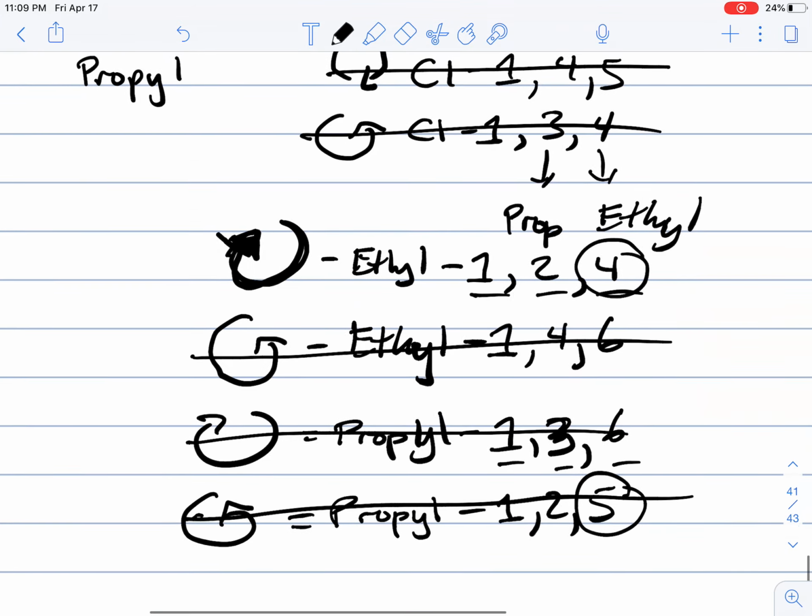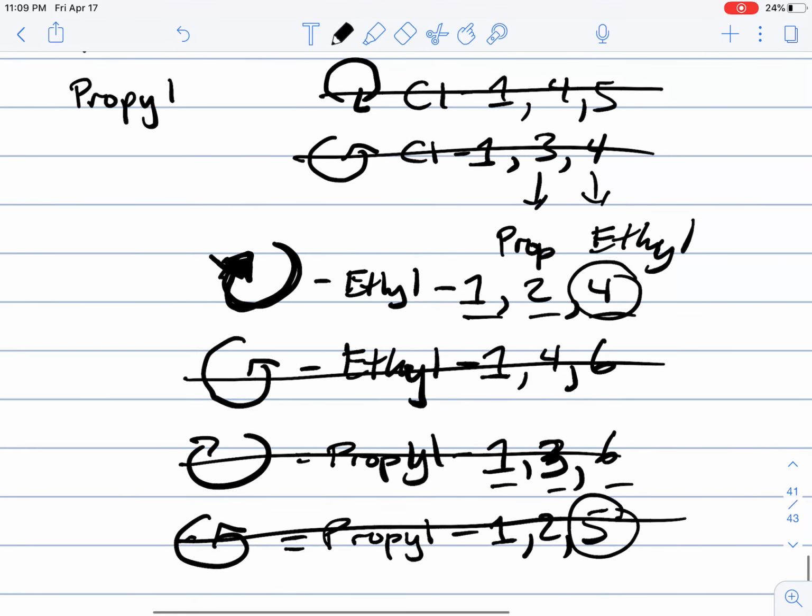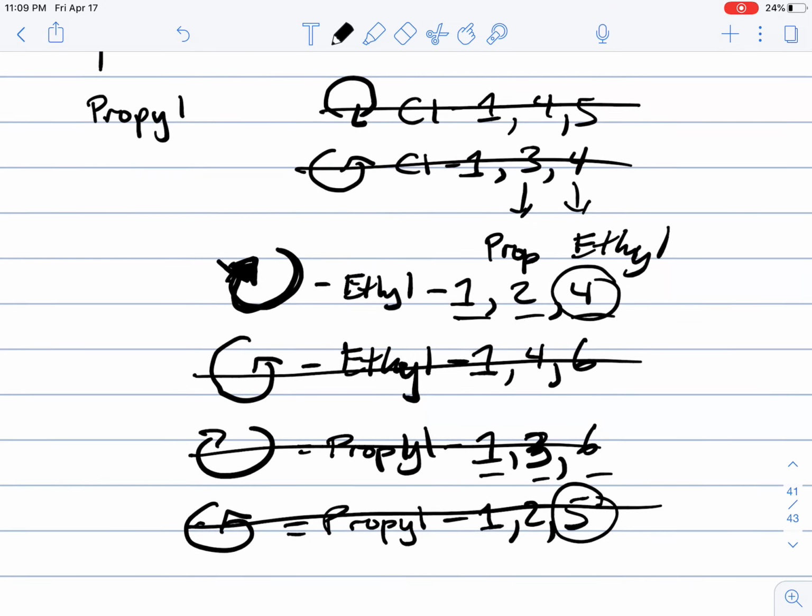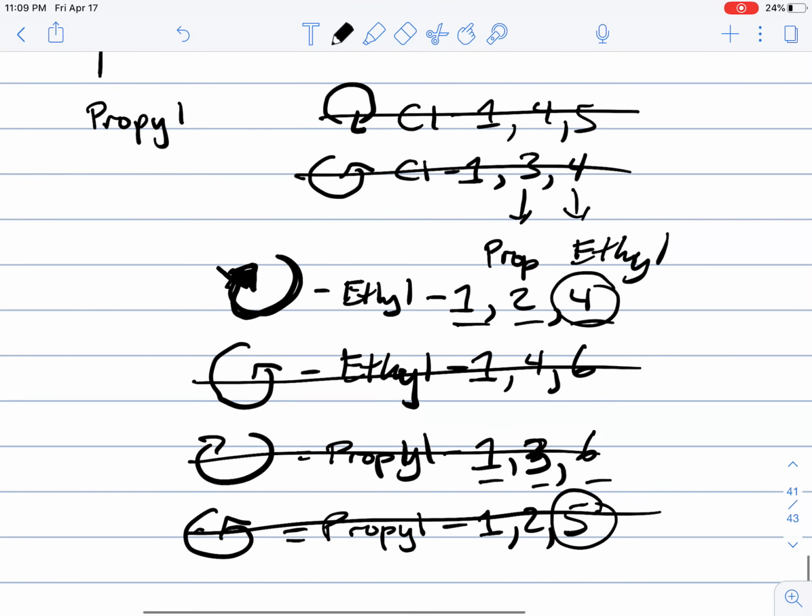So it looks like the lowest possible combination for us to number our substituents so that each substituent will get the lowest possible value is going to be when ethyl is carbon number 1 and we are numbering the system clockwise.